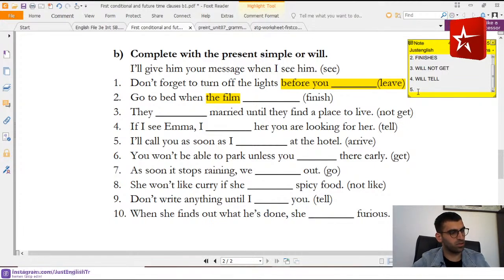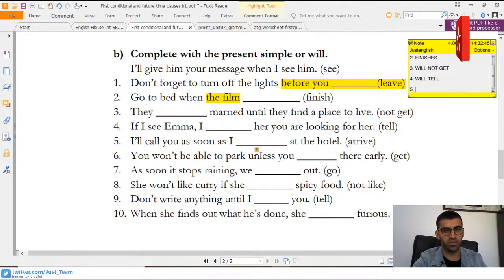Let's wait for other comments, then check whether they are correct or not. Alright guys, so number 5, I will call you as soon as I arrive. Yes, arrive is the correct answer for number 5.